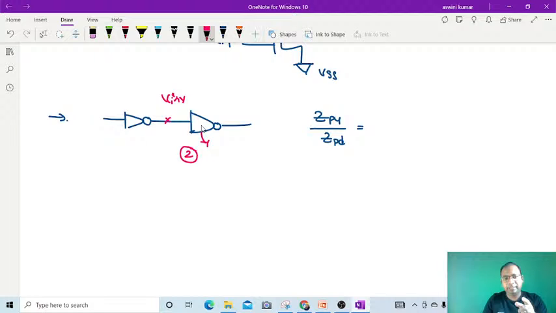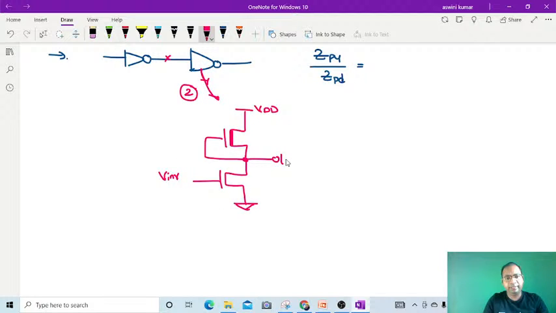Now, VDD, it is a depletion MOSFET, gate and source short circuited, and it is an enhancement N MOSFET, VINV, and it is the output. Now if I am giving the input as 1, let's take that both the two MOSFETs are in the on state, and both the two MOSFETs are in the saturation state.